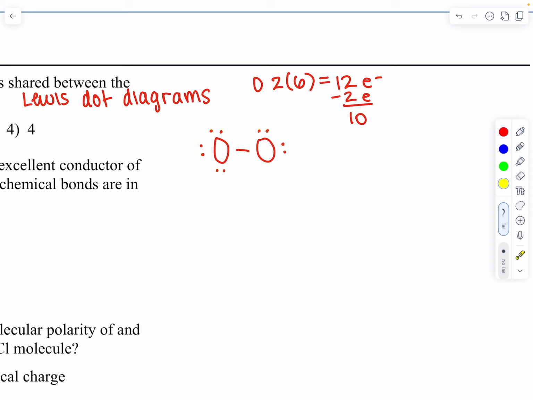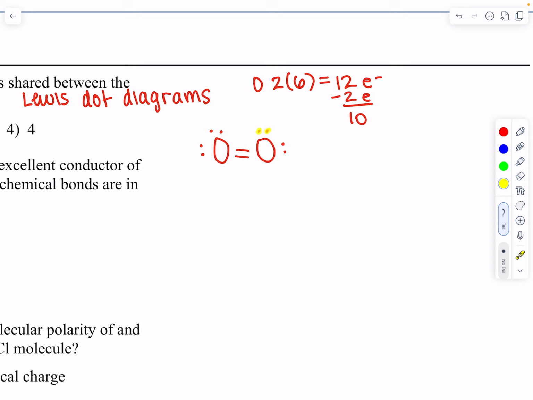Okay. But this oxygen has 1, 2, 3, 4, 5, 6, 7, 8. That one's happy. This one only has 1, 2, 3, 4, 5, 6. So issues. So what I'm going to do is erase these 2 and just turn them into a bond. When I do that, now let's count again. 1, 2, 3, 4, 5, 6, 7, 8.